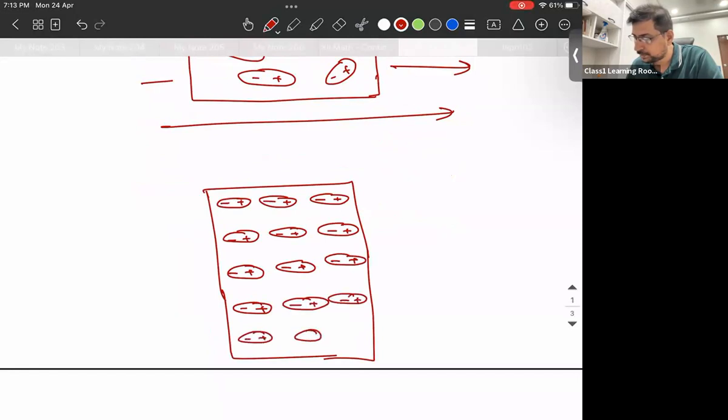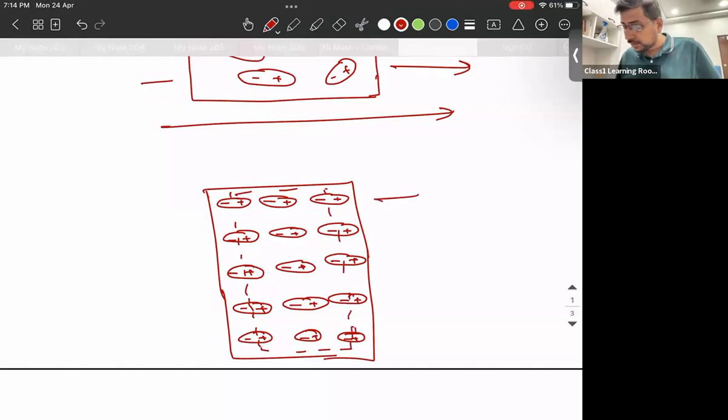In such a way that if you take the charges inside, the total charge comes out to be 0.